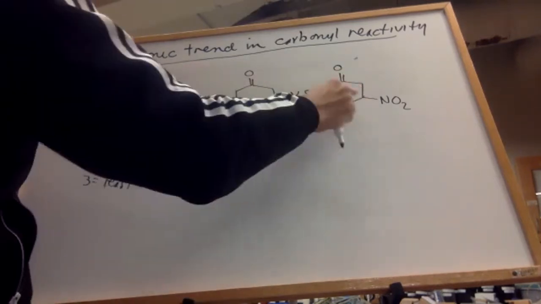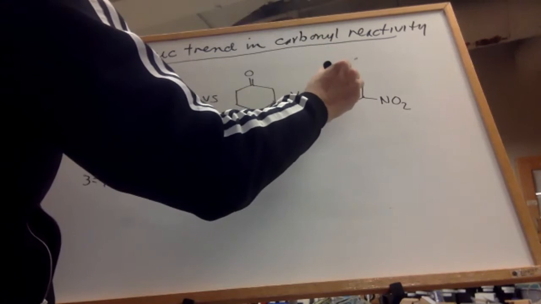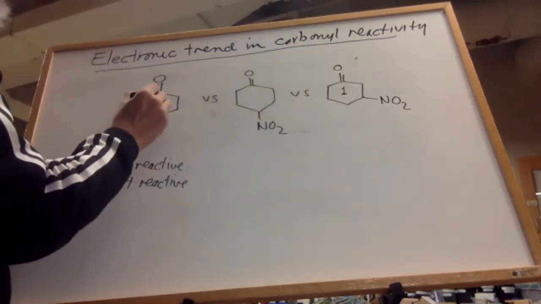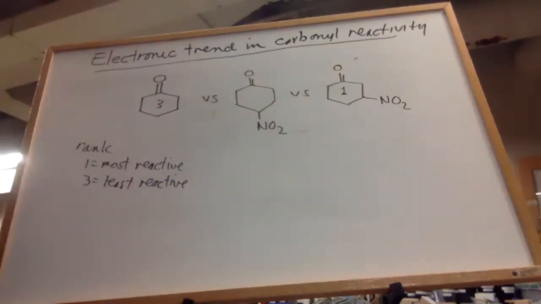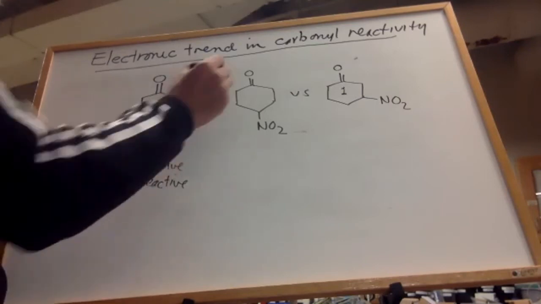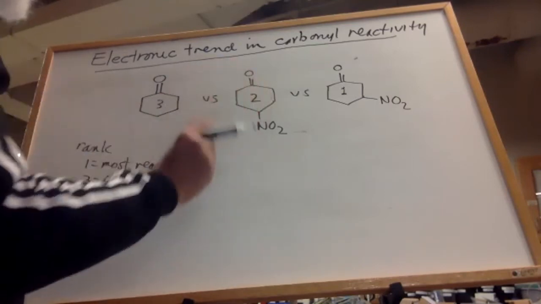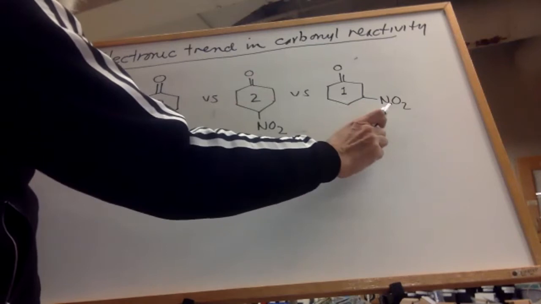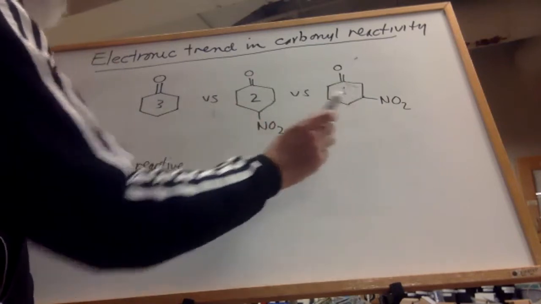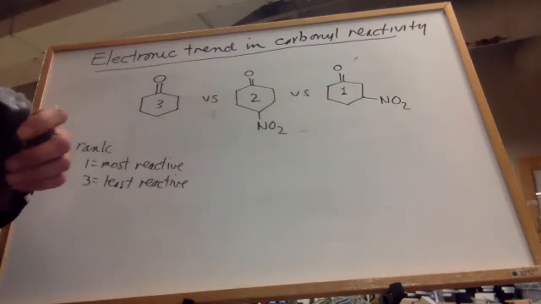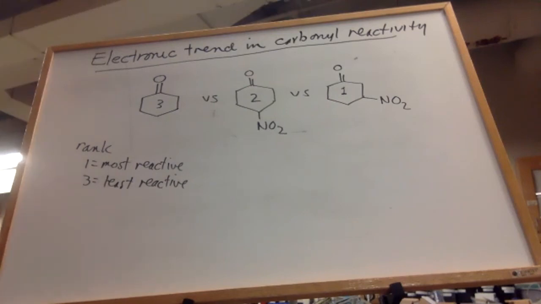And which one is going to be the least reactive? The one on the left. Oh, this one, because this doesn't have an electron withdrawing group on it, right? And so this is going to be the ranking. That's electron withdrawing, but this one is closer. Okay, so the closer they are to the carbonyl group, that means it's more reactive.